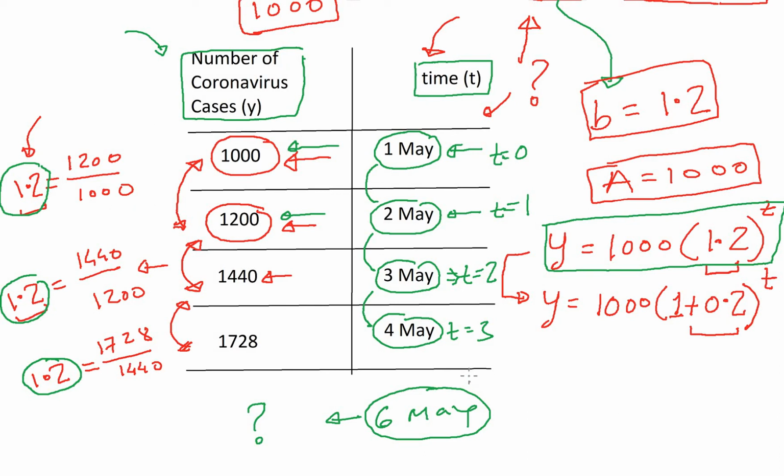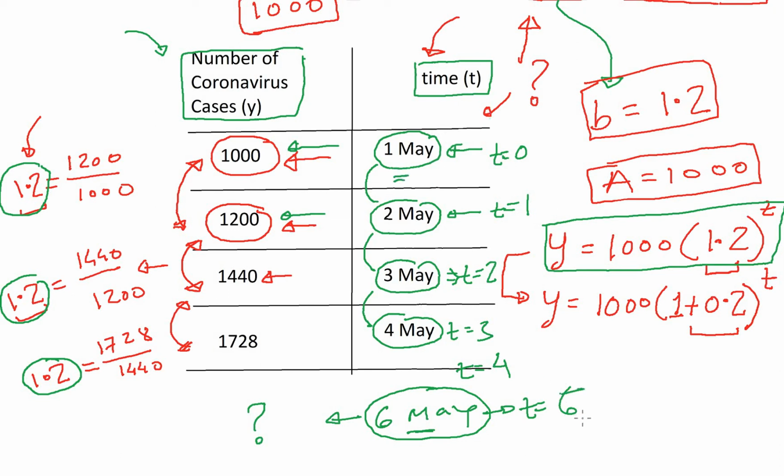All you need to do is understand that the 5th of May will be t equals 4 and 6th of May would be t equals 5. As you can understand, if the gaps are consistent, these are daily values, so the gap is only 1. So just subtract: 6 minus 1 gives you 5.